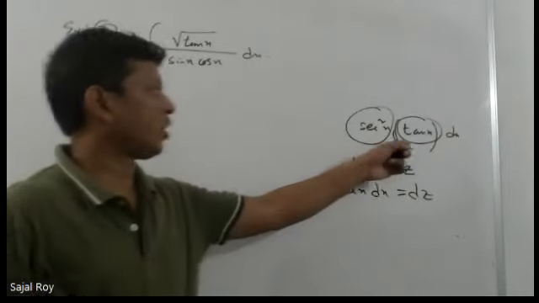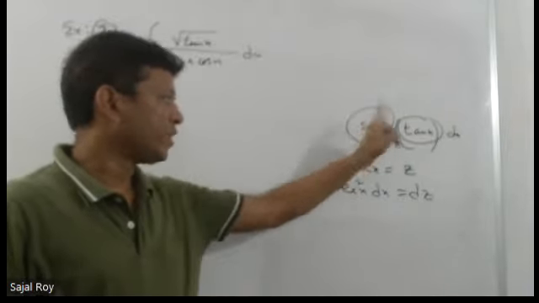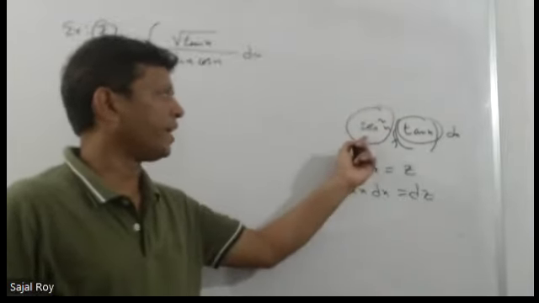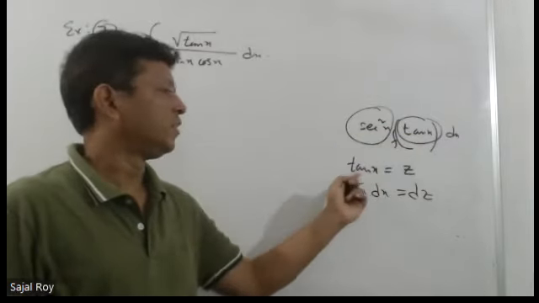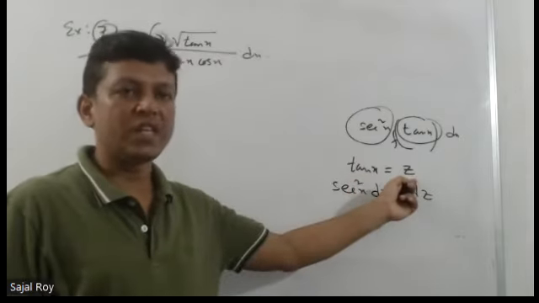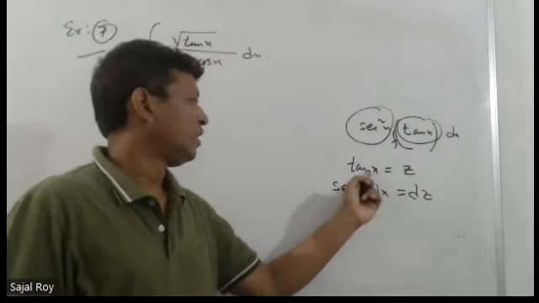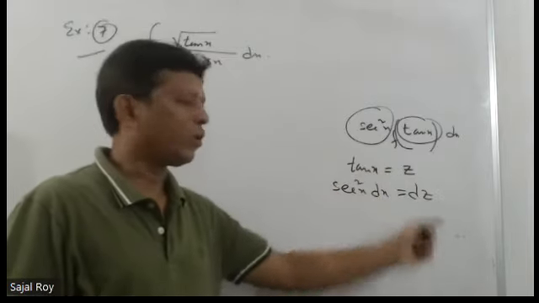So if it is a function of tan x and sec square x, with some manipulation, you can bring the calculation into some function of tan x and sec square x, then the problem will be solved by the substitution tan x equal to z, because the derivative of tan x is sec square x dx equal to dz.